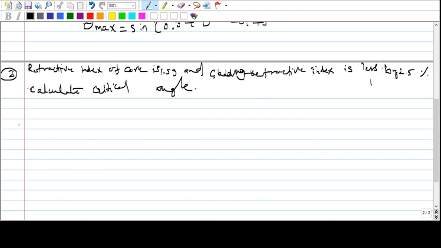Now, in this problem, sin theta c, the critical angle, is given by n1 by n2. Now n1 is given: n1 is equal to 1.53 and n2 is equal to 1.53 into (100 minus 2.5) by 100, because here 2.5% is given.